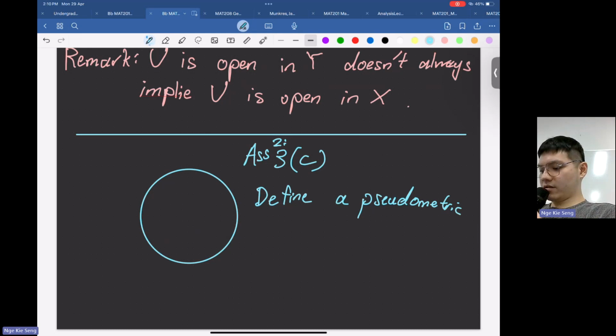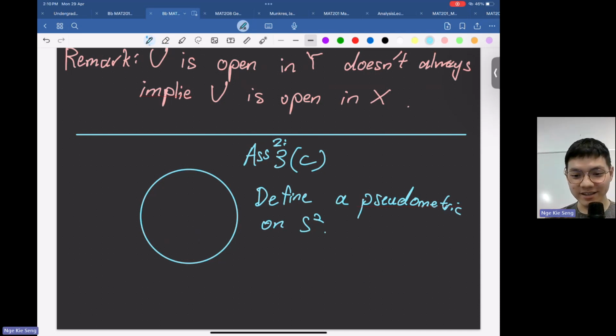Pseudo-metric classes are the set of equivalence classes on lines, right? On line. Okay. Rephrase. Lost in translation.